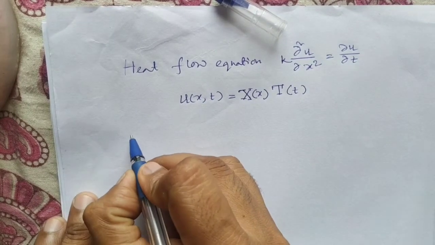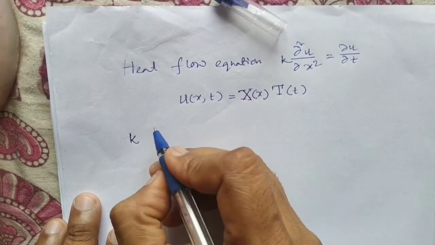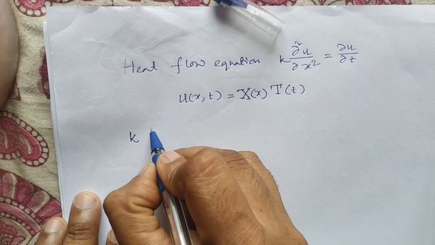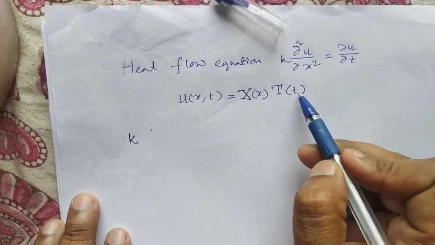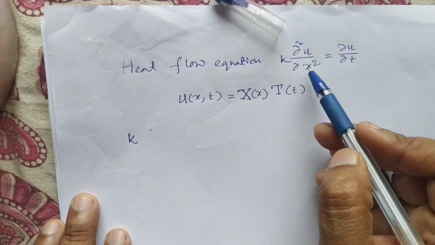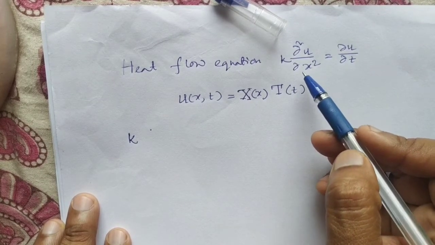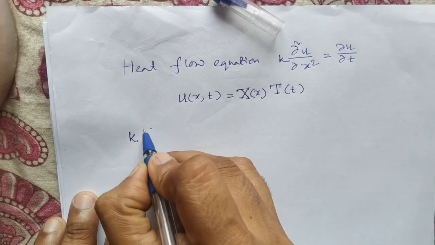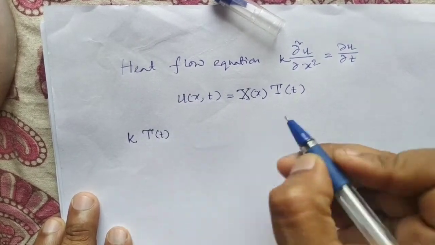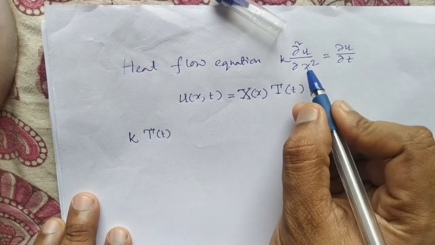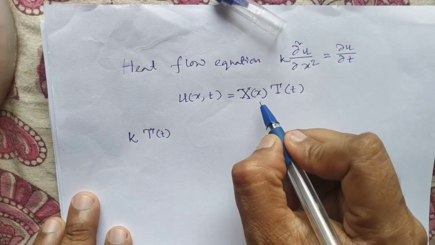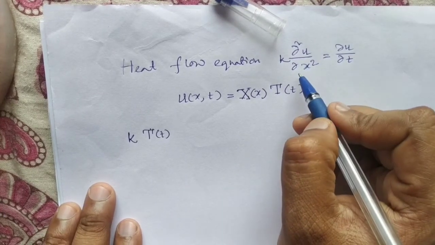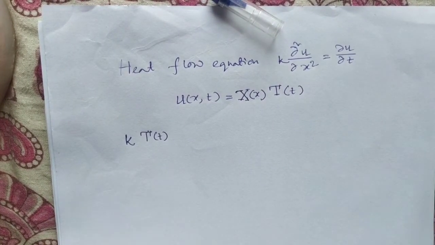So this is k or kappa, whatever you write the conductivity as. This part depends only on t, so the partial differentiation with respect to x will not affect it, so it goes out, and the x part is differentiated twice with respect to x. Since X is a function of only x, the partial derivative is equal to the total derivative.